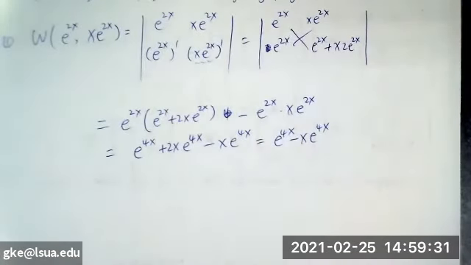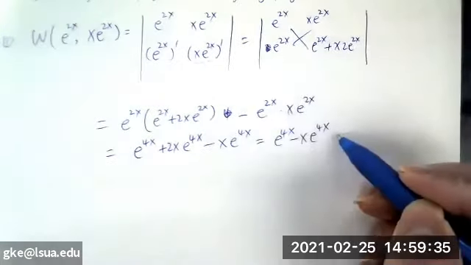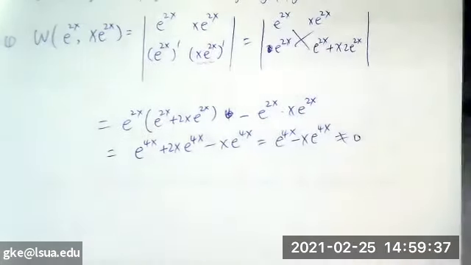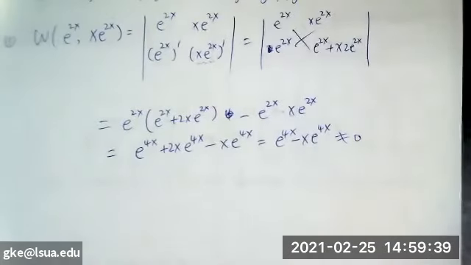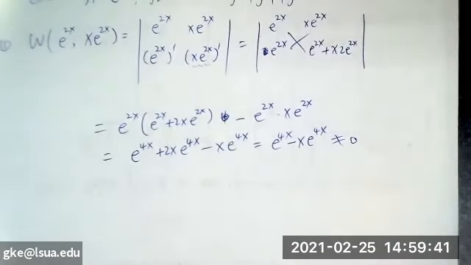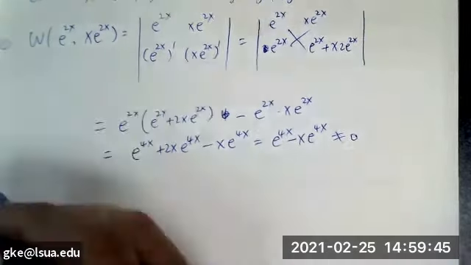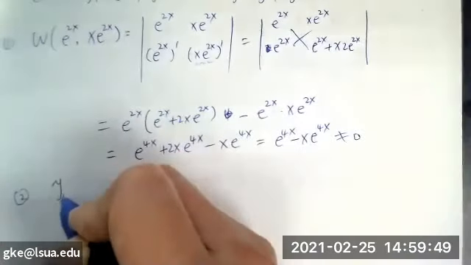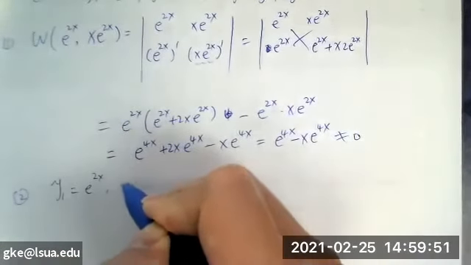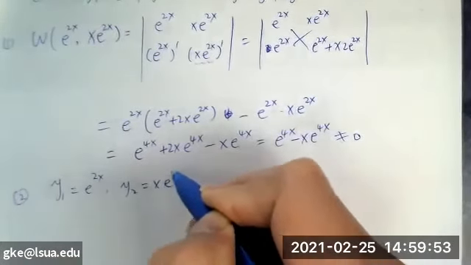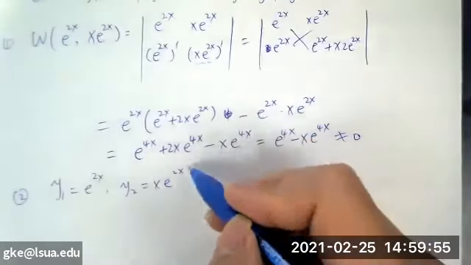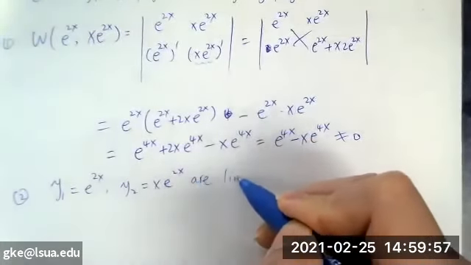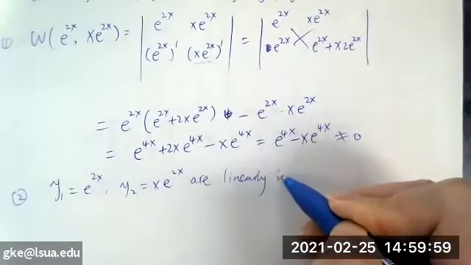And we can say this is clearly not equal to 0. So that means y1 and y2 are linearly independent.